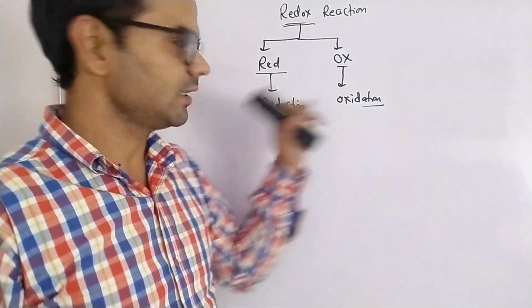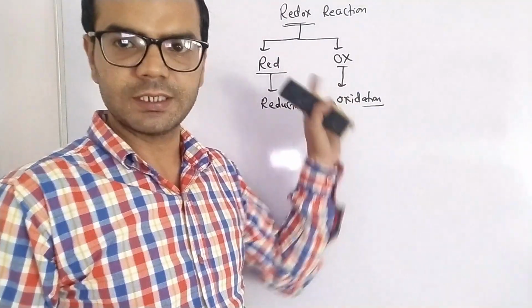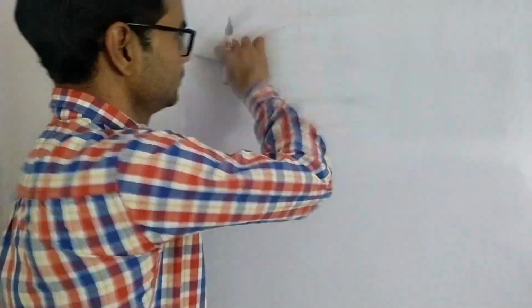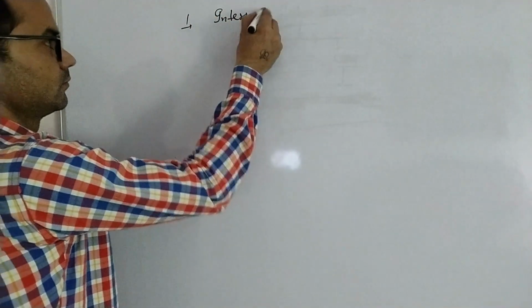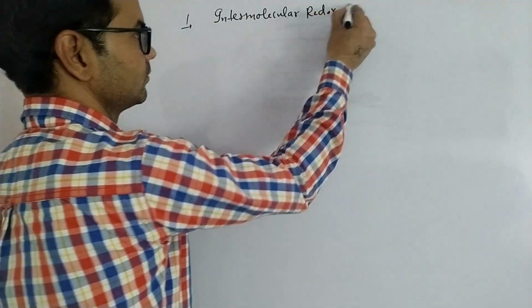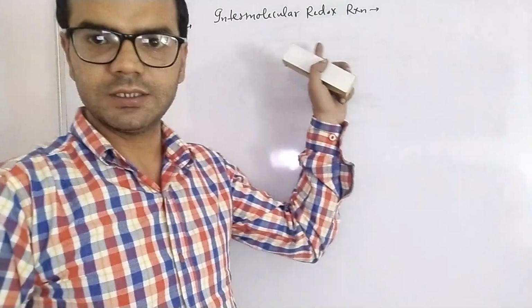So what is this reduction and oxidation? We will understand it. First thing is types of redox reactions. First is intermolecular redox reaction.